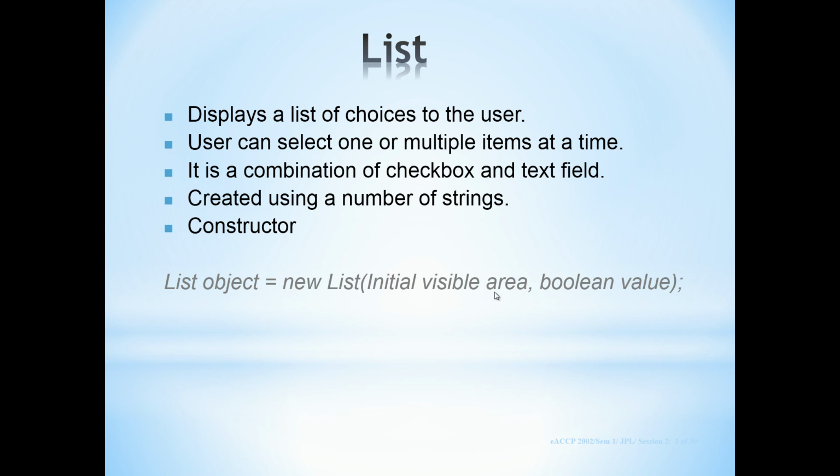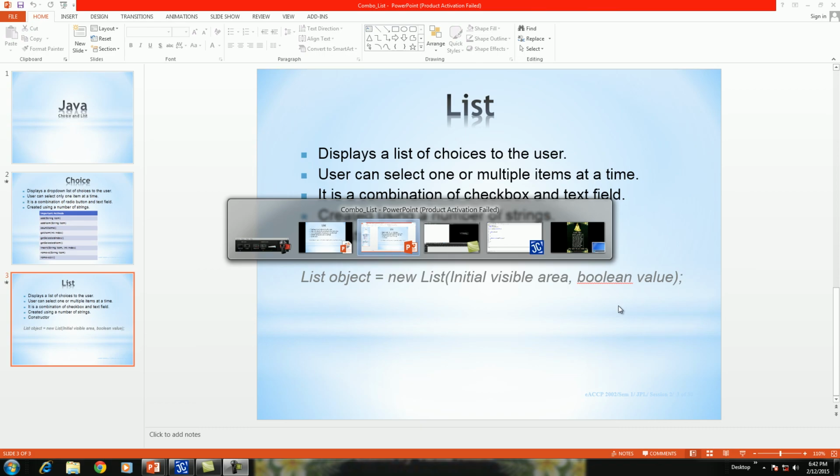Then a scroll bar appears and by using the scroll you can check the further items. The next parameter is a boolean value. If the boolean value is true, it allows selecting multiple items, and if the value is false, you can only select a single item from the list. Let us see the example.